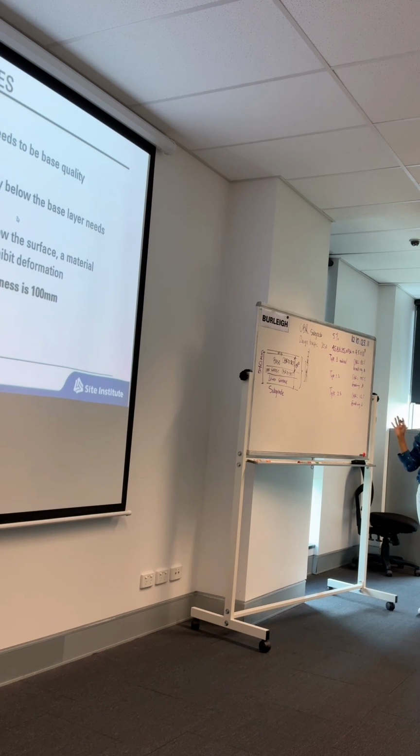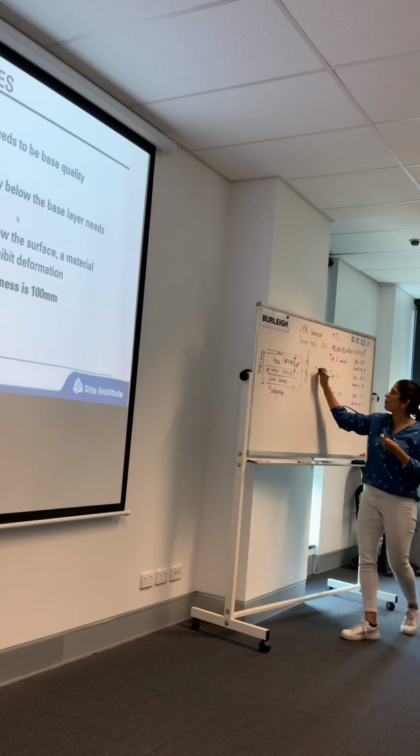An example. So I will say, okay, if those are the materials that I have, that I can buy, I will put this one on the base, right? Because they say base needs to have a CBR greater than 80%. So I'm going to put here a type 1 material.